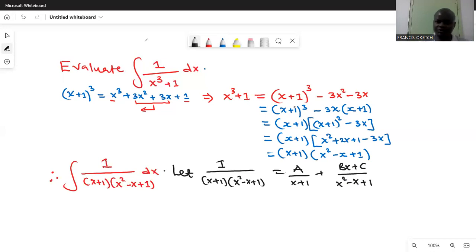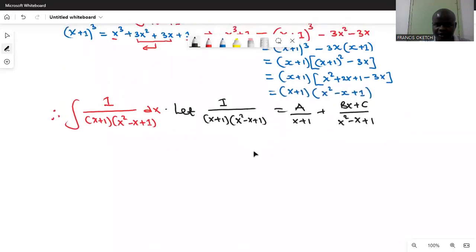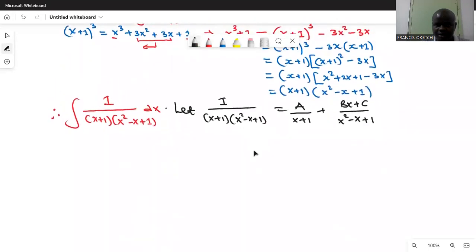We are using partial fraction decomposition. You know the rules of partial fraction, that if the denominator is linear, then the numerator must be a constant. If the denominator is a quadratic factor, then the numerator must be a linear, which we are calling bx plus c. So a, b, and c are constants to be determined.